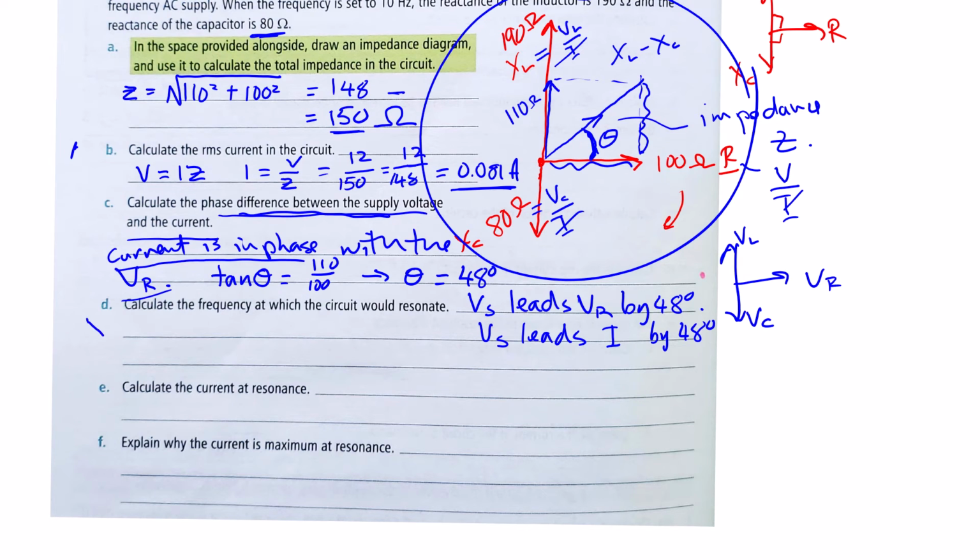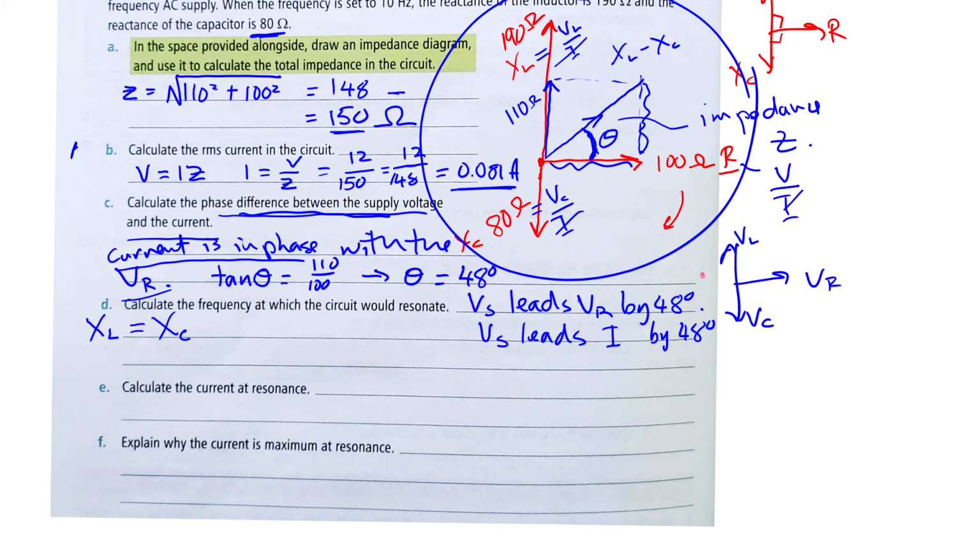Remember, at resonant frequency, the inductive reactance is equal to the capacitive reactance, a situation where the overall impedance is the same as only the resistance. So that means the impedance is the least at resonance, in which case, by Ohm's law, the current will be greater.